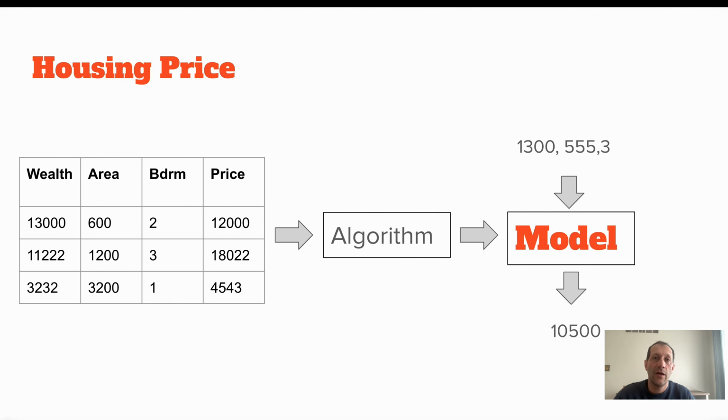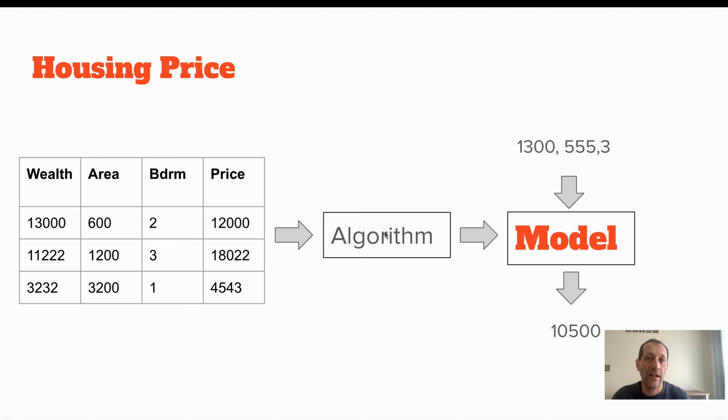Let's go back to the old familiar example of predicting house prices. And this is a picture we're all familiar with. You have this data set of houses, each row being a house. Each house has a bunch of attributes that we like to call features, and the price. And the price is a label, or the output that we'd like to be able to predict.